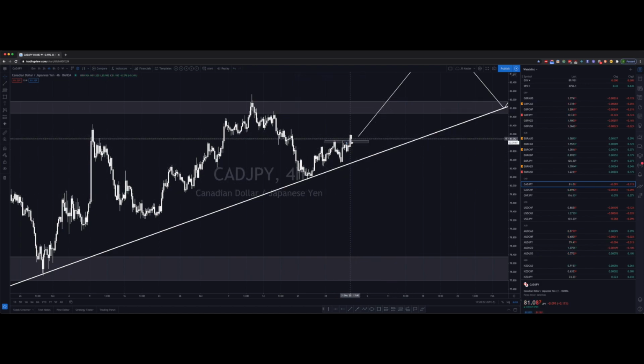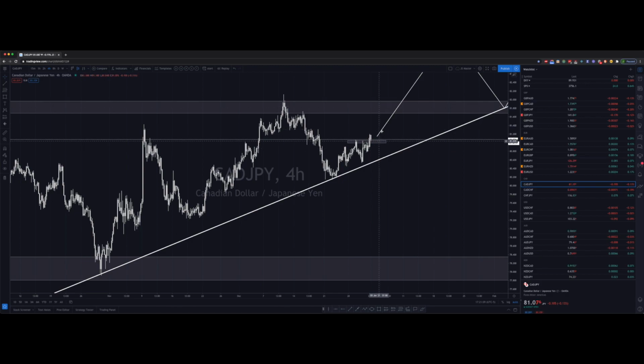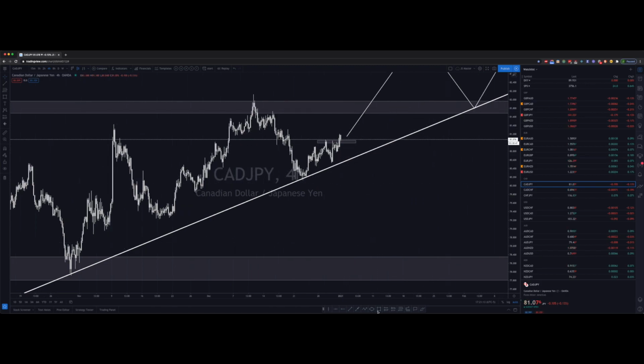We might actually see price bounce here for a little bit and then push higher into this level. That could be a potential trade setup, but that wouldn't be something I'm looking at right now because this move isn't 100% clear to me. But it might be something you could see happening.